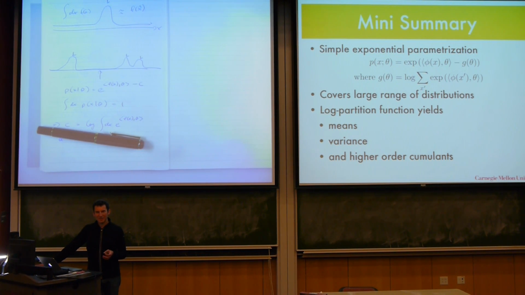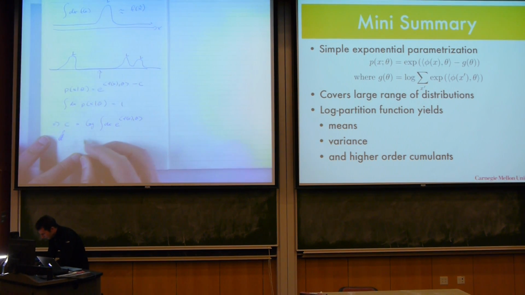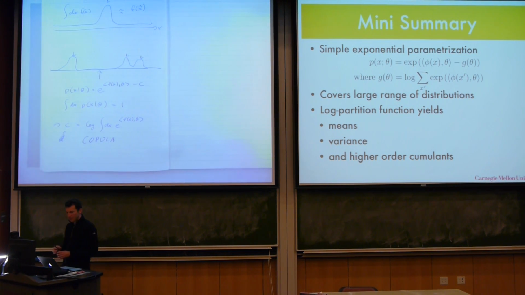A lot of things in computational finance may not be particularly nicely amenable to exponential families. There people use what are called copula models. And these models have other nice properties.